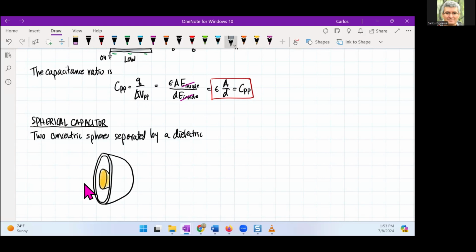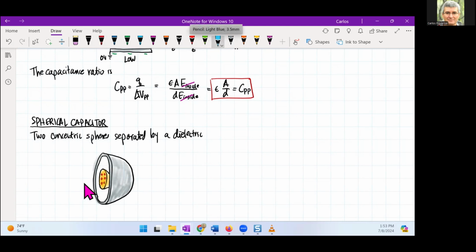Outside is I have a shell. Now, when I'm looking at how I'm seeing this, I'm seeing that this guy has a charged inner sphere.